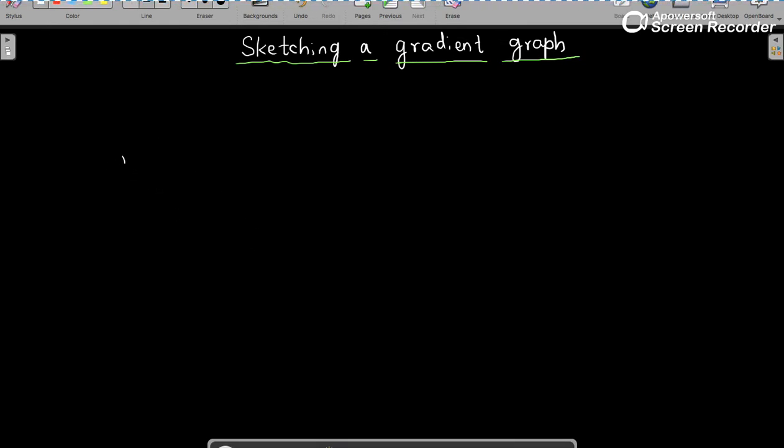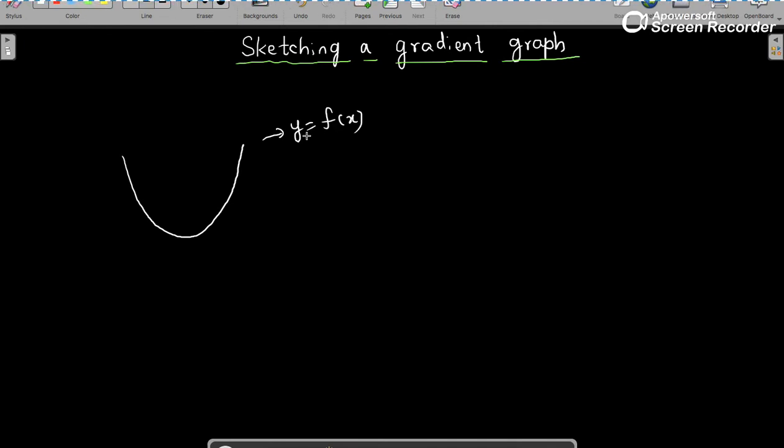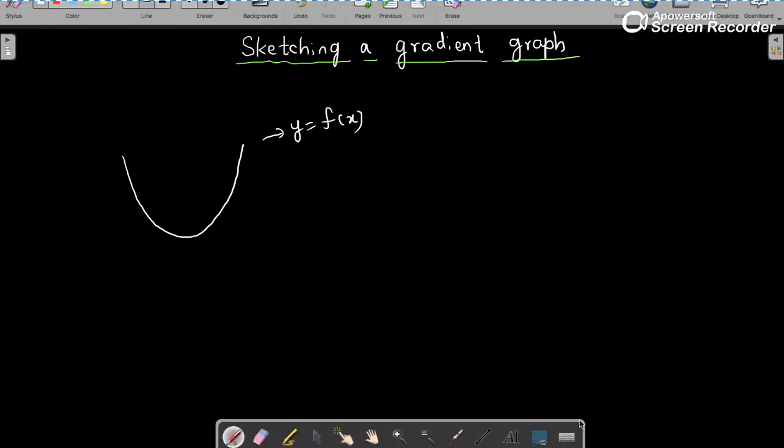If I take a curve, say y is equal to f of x, then the gradient of this graph is geometrically understood as the gradient of its tangent. If I take the tangent drawn at some point, then this tangent would give me the gradient.